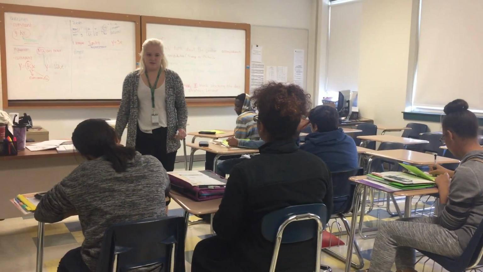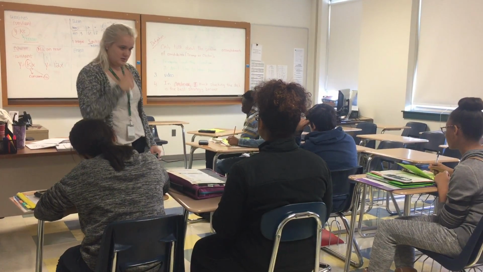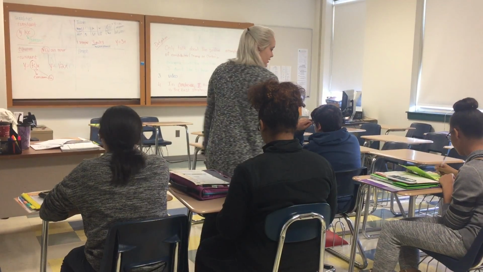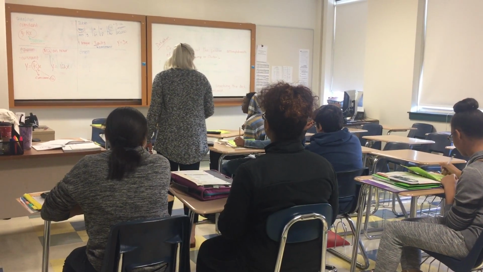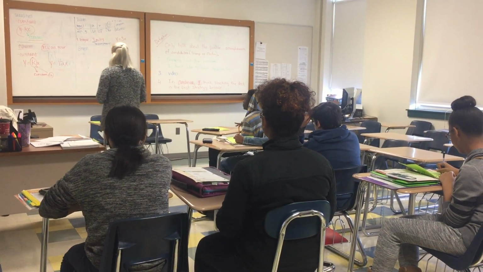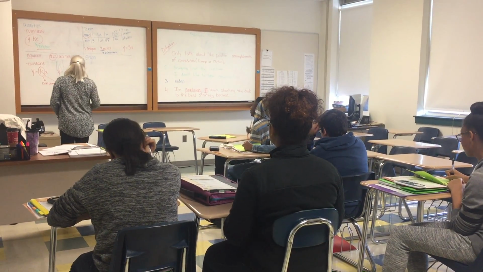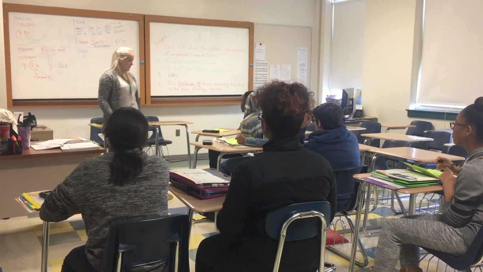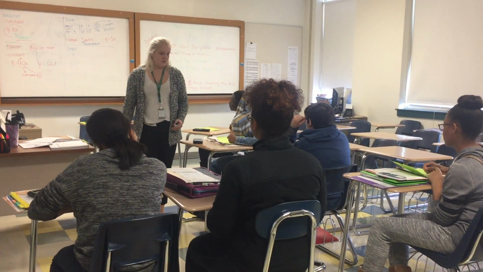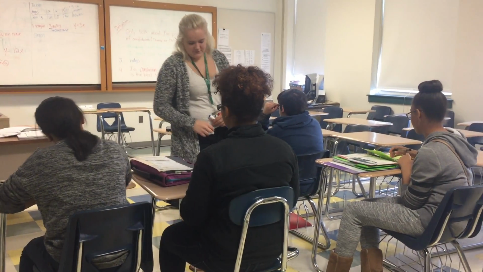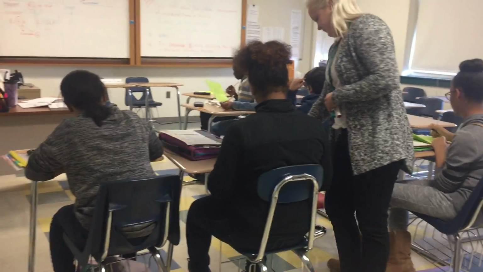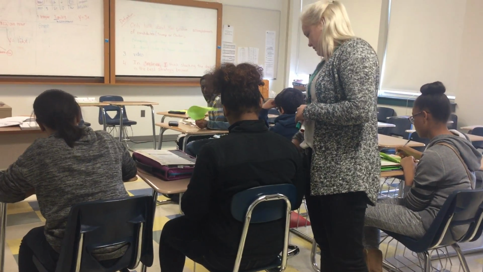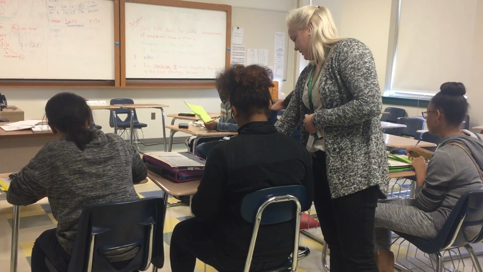We need to do another one. And Leah, you good? You want to try another one? Yes. So did we all copy down the problem with the 5s? 5, 10, 15? Alright, so let's find the equation for that problem. This is the form the equation's in.